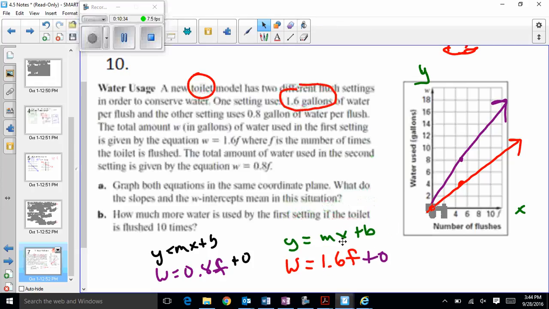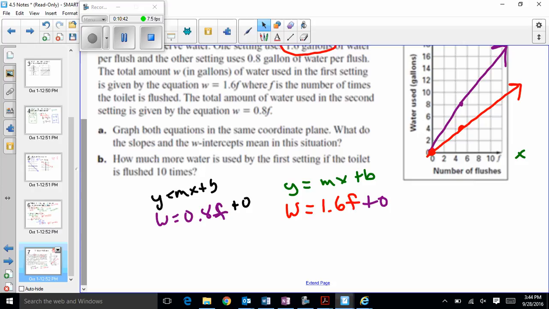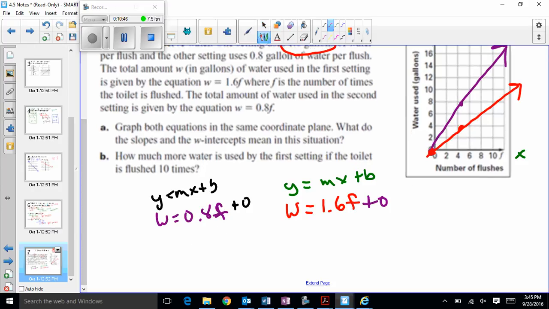Okay. How much more water is used by the first setting if the toilet is flushed 10 times? All right, well, this is where we just plug in 10 flushes. 0.8 times 10 gives us the amount of water in gallons.